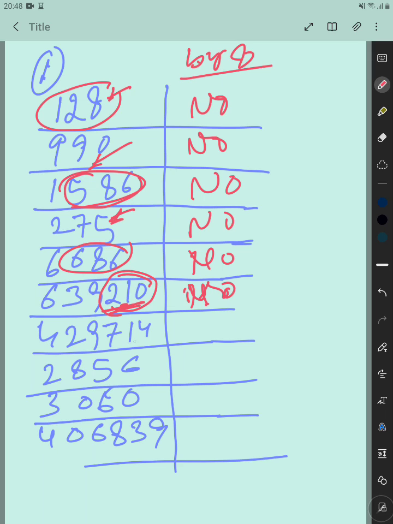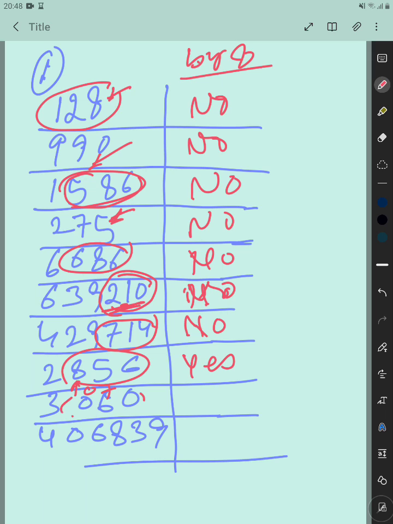Okay, so similarly, you divide 714, this is also not divisible by 4, oh, sorry, 8, so this is no. Now we'll test this one. This is divisible by 8, we can clearly see 8 ones are 8, and then we have 0, and then 7, okay, 107, so this is yes, this is divisible.